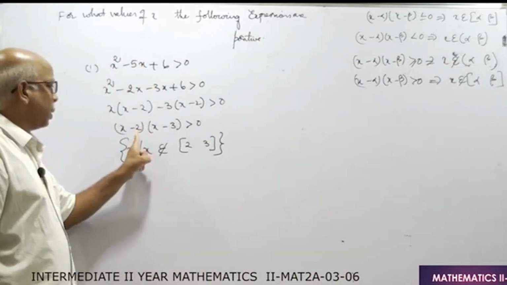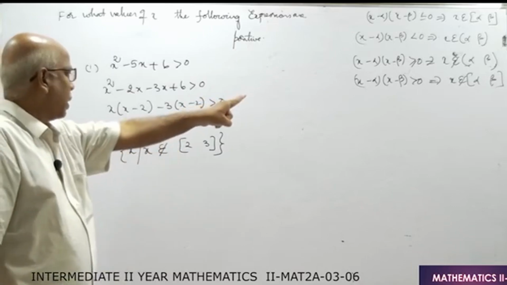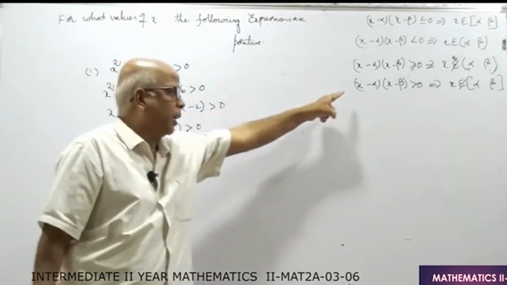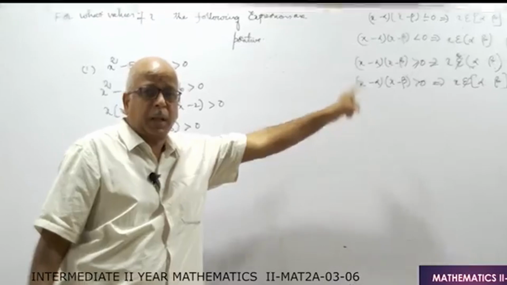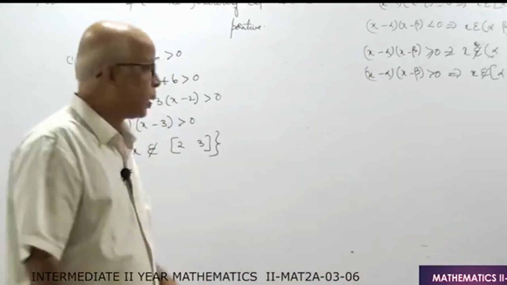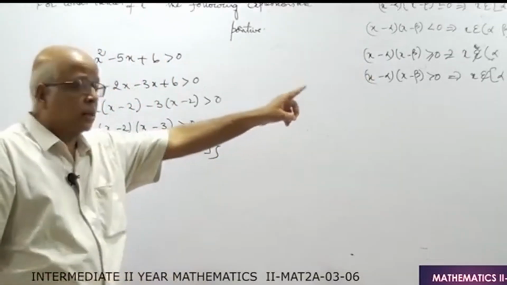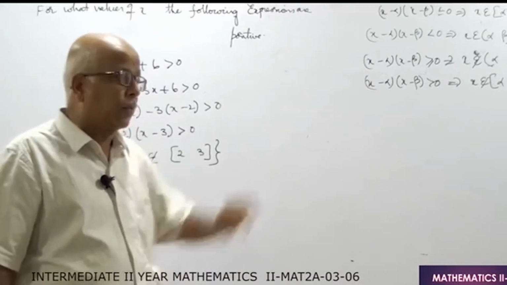Our present problem comes under the last model: x minus alpha into x minus beta greater than 0, then x does not belong to the closed interval alpha, beta.